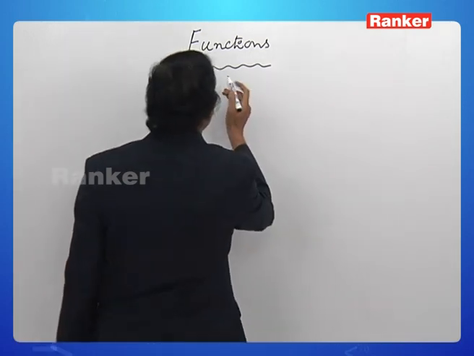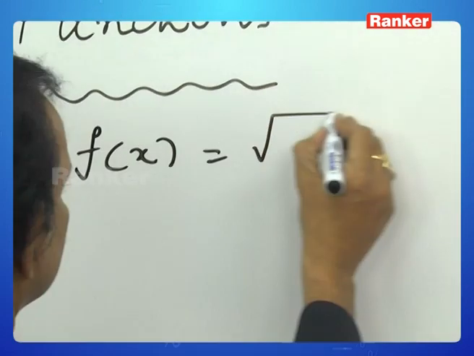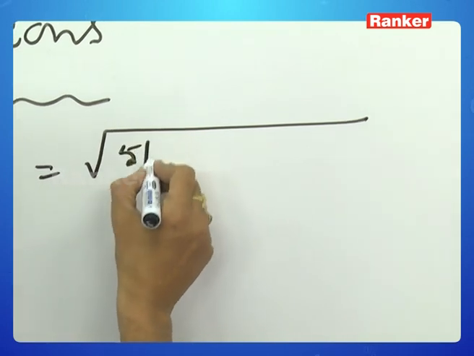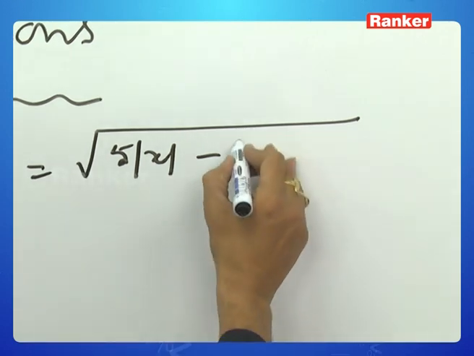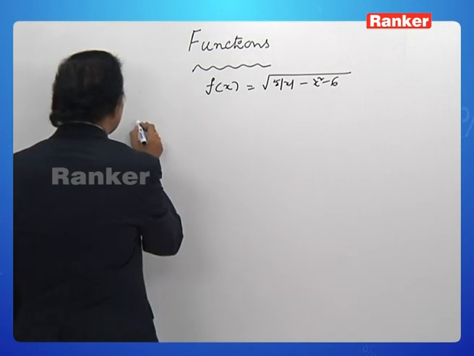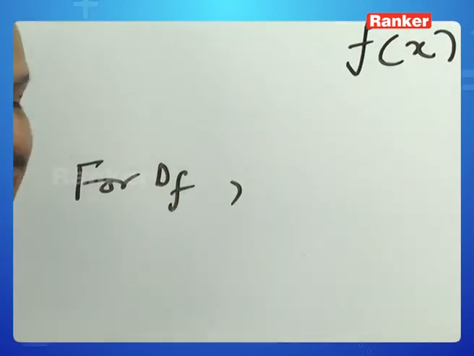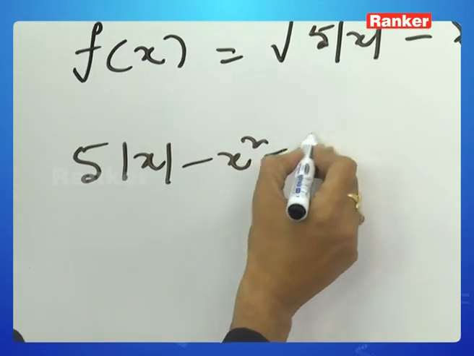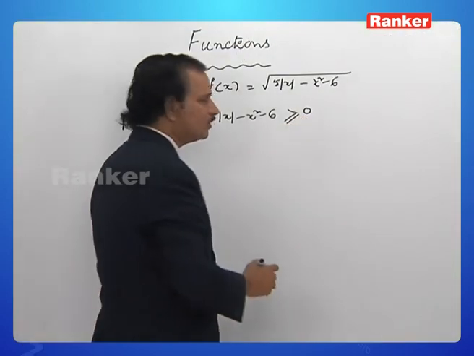What is the function given? f of x is equal to square root of 5 mod x minus x square minus 6. For the domain of f, what should you have? 5 mod x minus x square minus 6 greater than or equal to 0.